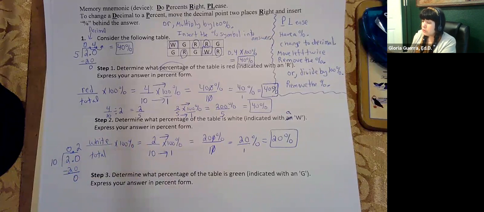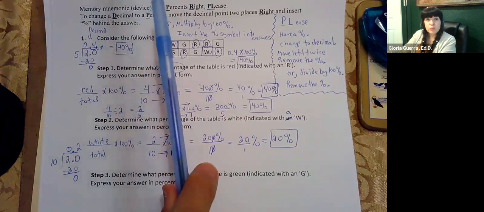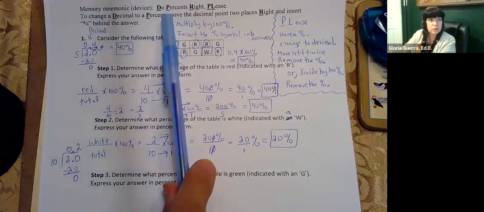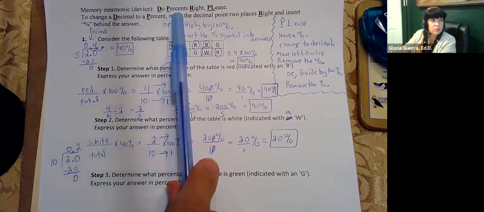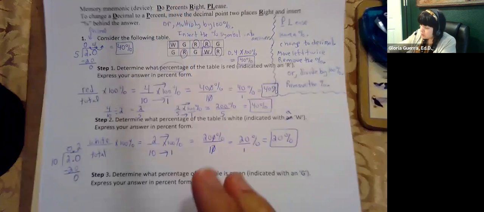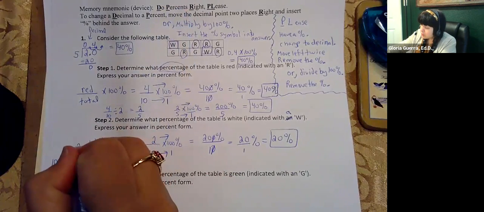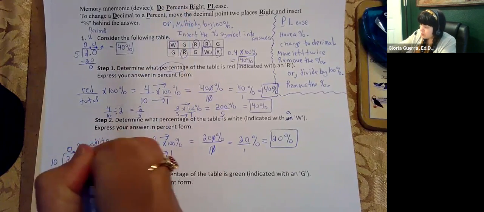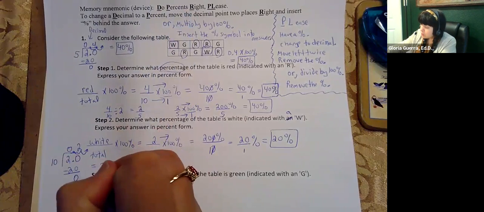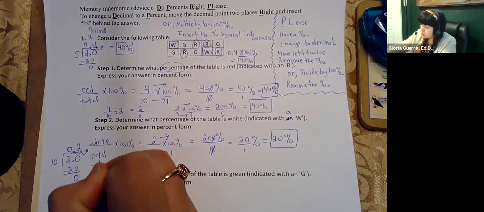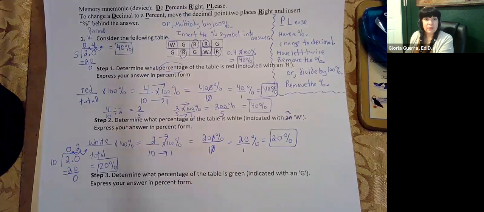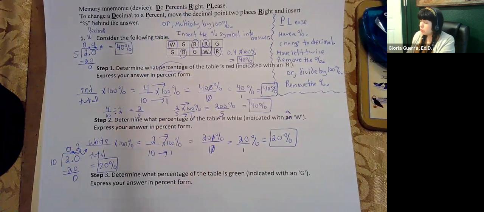And now that you have a decimal, you can do percents. You have a decimal, you want to change it to percent, just move it to the right twice. So you can move it manually to the right twice, 1, 2, and that will give you 20%. So we see we get the same answer, okay? So that's another way of showing your work.